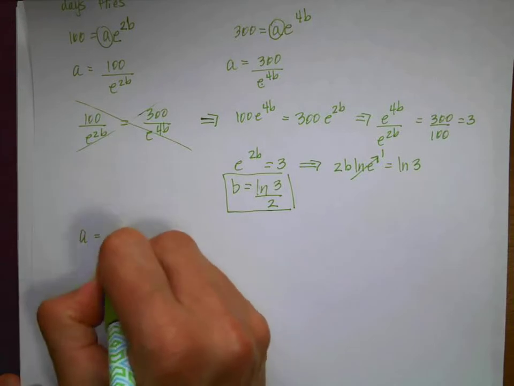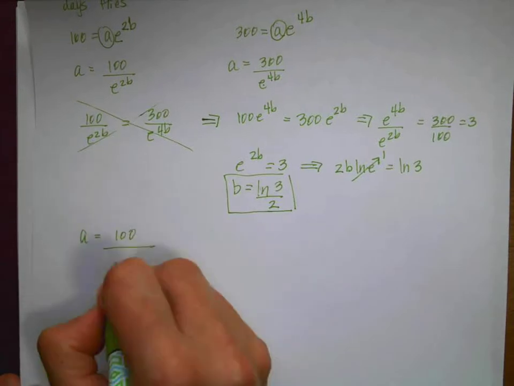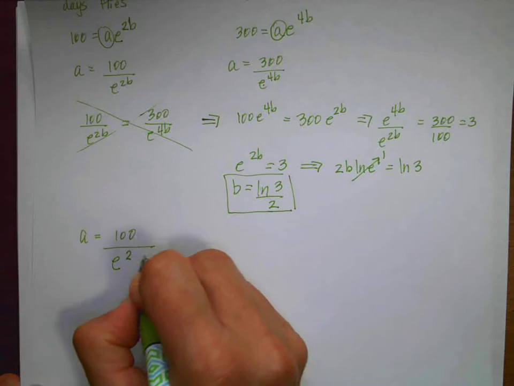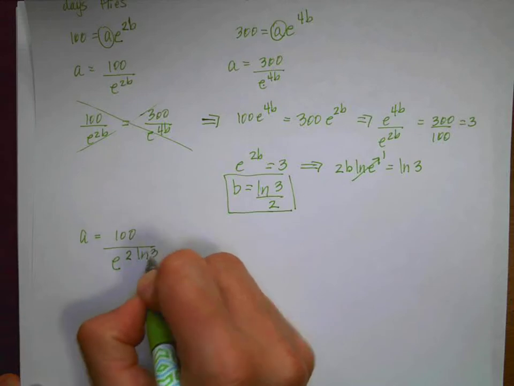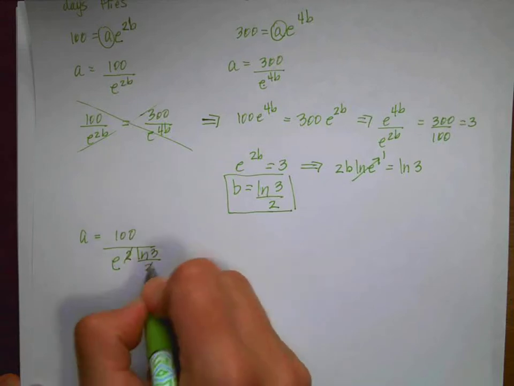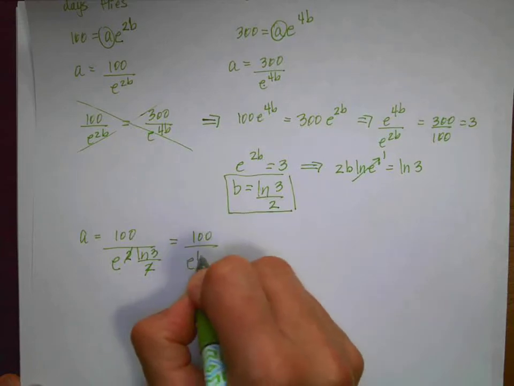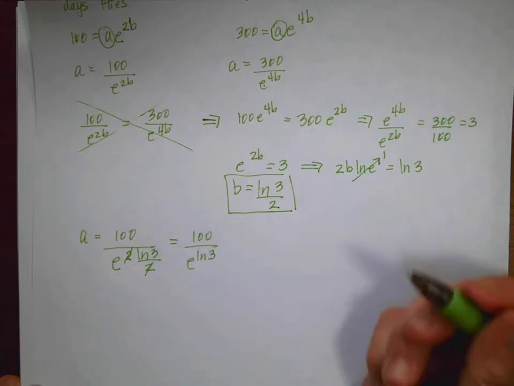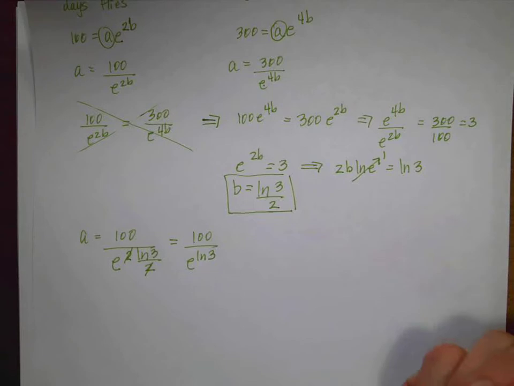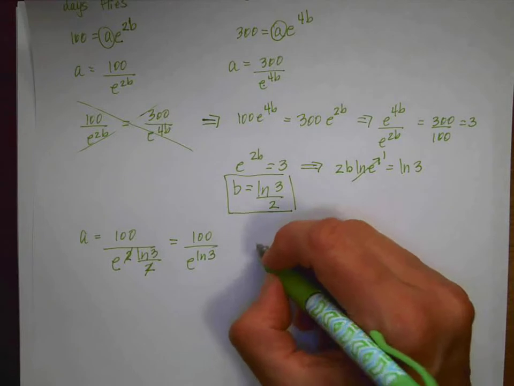Well, I now can find a value for a, so I'm going to use the first one just because it's the first one. 100 over e to the 2 times the natural log of 3 divided by 2. The 2's cancel, so this is 100 over e^(ln 3). Okay, and that would be my a.